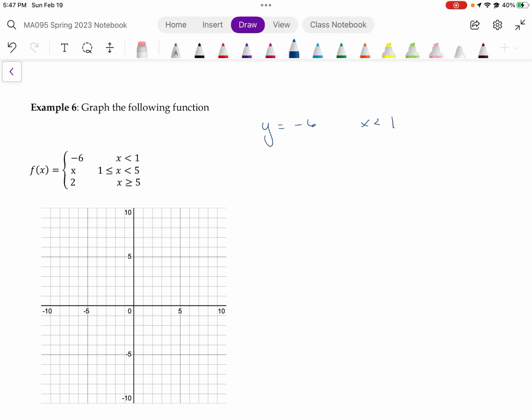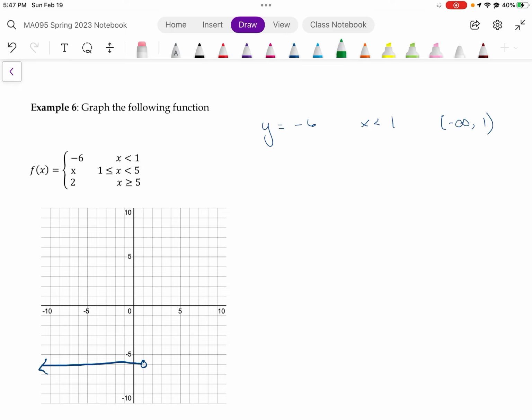So -6 is right there, and it's going to be for x less than 1. 1 is here, so there's an open circle. And it's going to go all the way to the left, which means all the way to infinity. Remember, in interval notation, we would say -infinity to 1, not including 1.